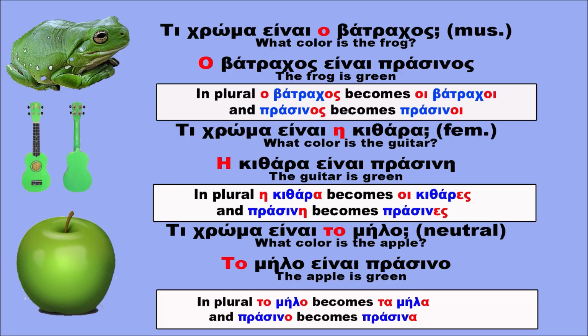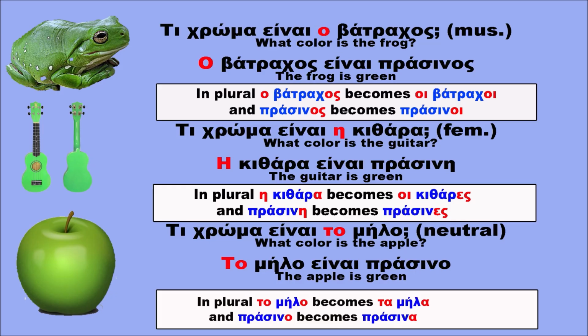Τι χρώμα είναι ο βάτραχος? Masculine. What color is the frog? Ο βάτραχος είναι πράσινος. The frog is green. And in plural, ο βάτραχος becomes οι βάτραχοι.